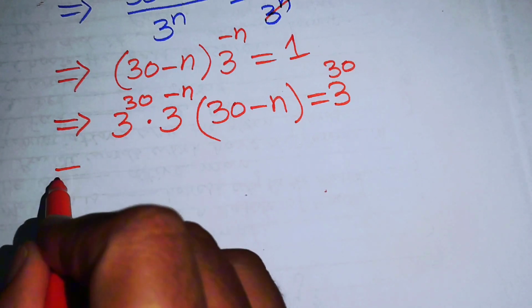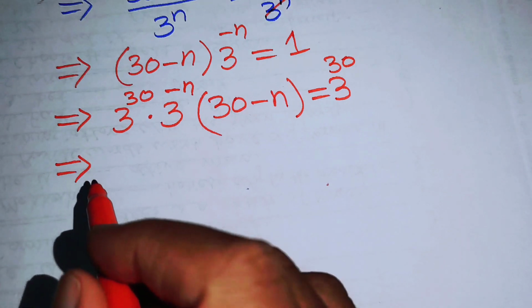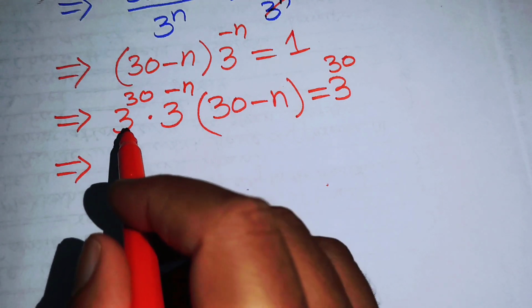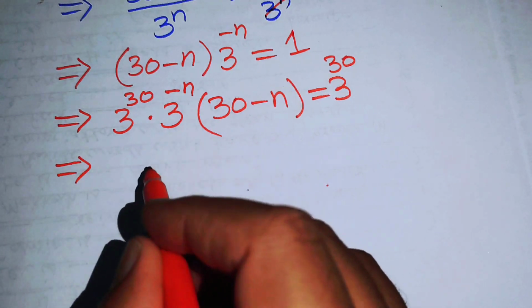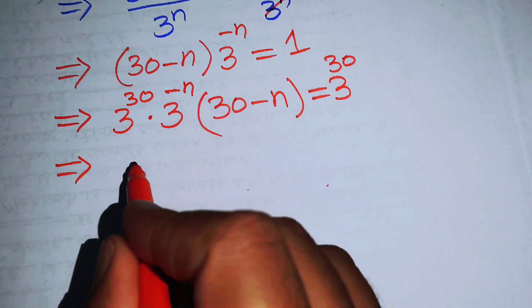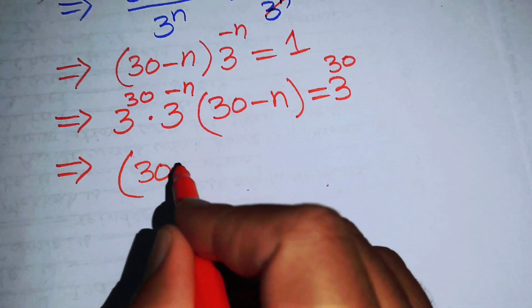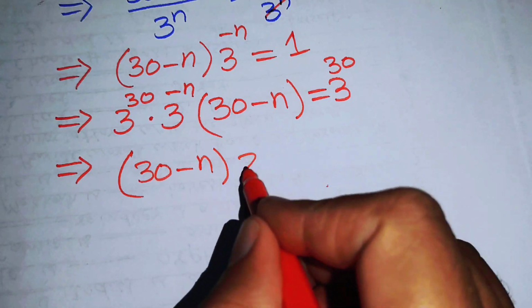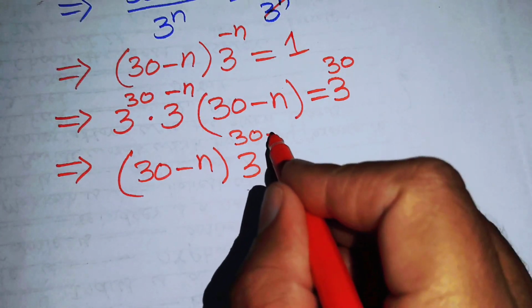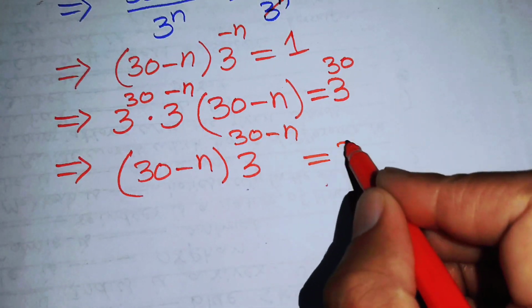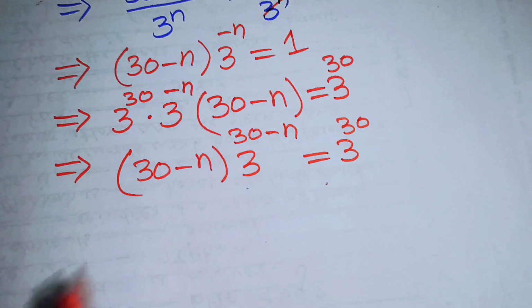And now in the next step we can use the nice exponential law. According to this law we will add these two exponents, and you can write it as 30 minus n into 3 to the power of 30 minus n, and this whole equation is equal to 3 to the power of 30.